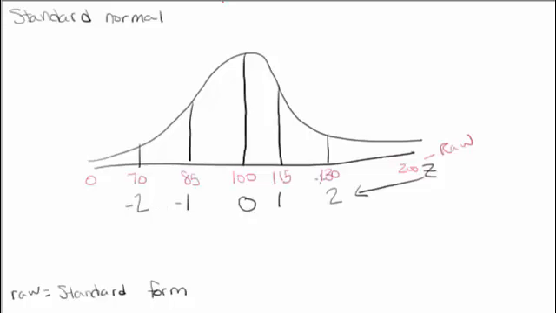Now, how do we calculate a z-score? What the heck is going on here? Population. So we still have this population versus sample distinction, right?